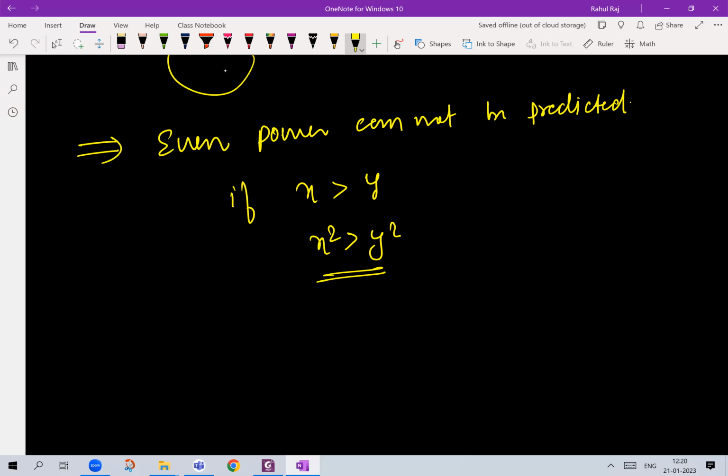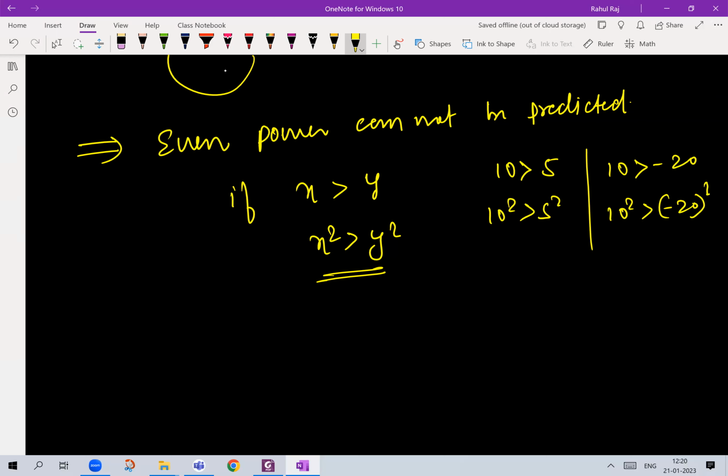No. Imagine 10 is greater than 5. You can say 10 square is greater than 5 square, absolutely fine. But imagine 10 is also greater than negative 20. Can you say 10 square is greater than negative 20 square? So this is a yes situation, this is a no situation.